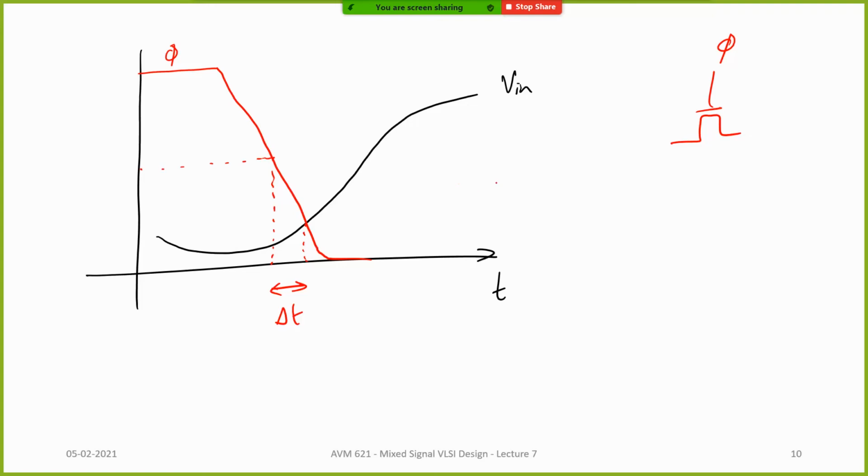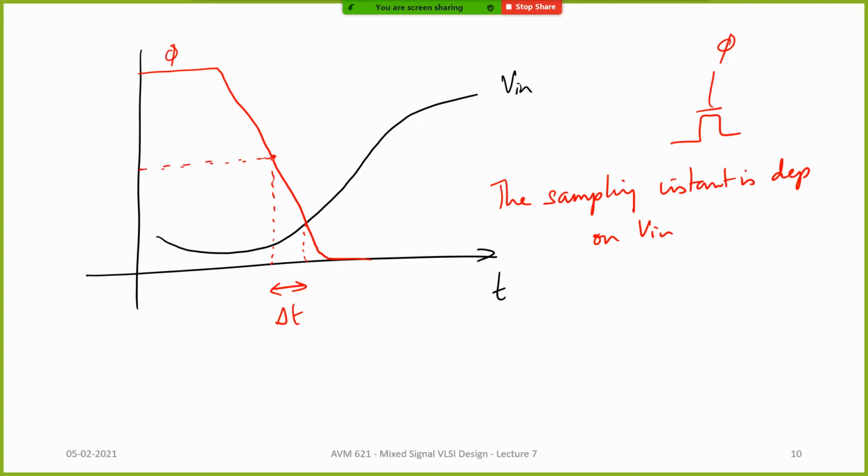If bootstrapping is not done, the sampling instant is dependent on Vin. If your Vin is very low, it will take a longer time, so you get a delayed sample. If your Vin is very high, you will sample ahead of time. Whereas you are supposed to sample in the middle of the clock transition.